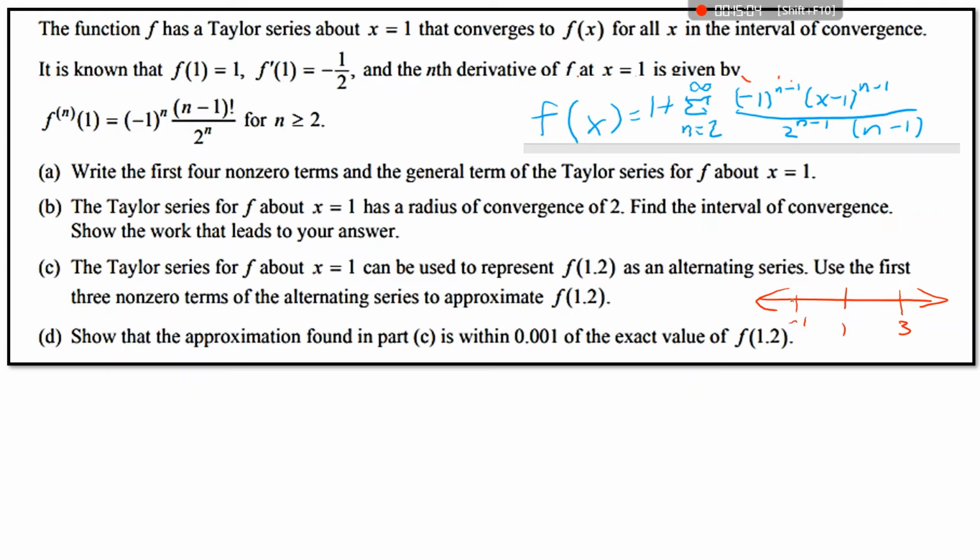Okay, then we need to test the endpoints. We already know it converges for all of these. So to test the endpoints, we're going to plug in -1 into our general form and see what happens. When I plug in -1 in here, what's going to happen? It converges.